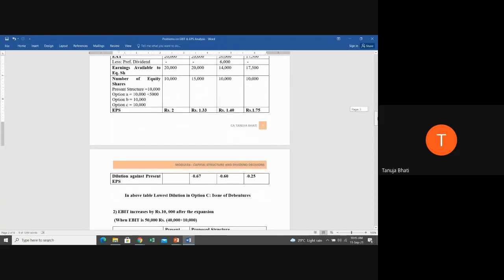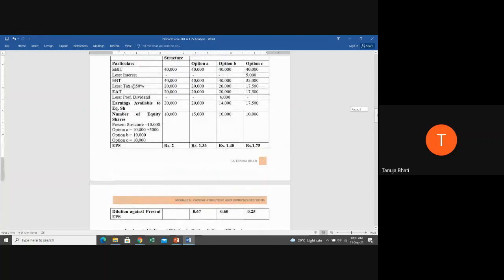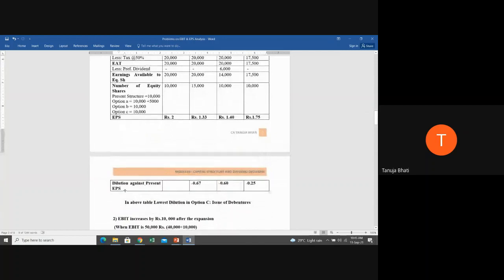Next, here they have also shown dilution against present EPS. See students, their present EPS was 2. Present means without raising that additional 50,000, their present EPS was 2. Now, after raising additional 50,000, their EPS has decreased.